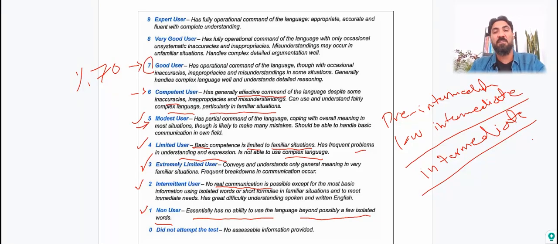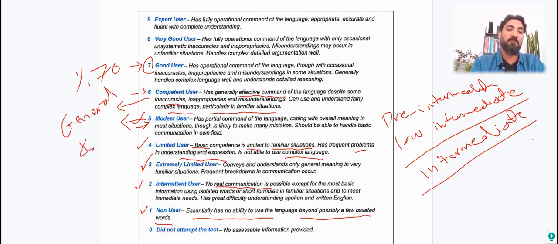So if you get a 7 score, you can almost do anything with your IELTS score. For those who want to immigrate, a band of 5 to 6 is usually suitable, and it is somehow accepted for those of you that need to immigrate or you need a general IELTS.